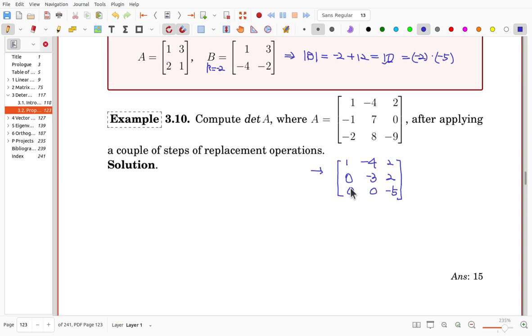This is an echelon form of the matrix, and it is a triangular matrix. The determinant of a triangular matrix is the product of the diagonal entries: 1, minus 3, minus 5, whose product is 15. So this technique is much simpler than getting the determinant directly from the matrix. You can use elementary row operations smartly for a better computation.